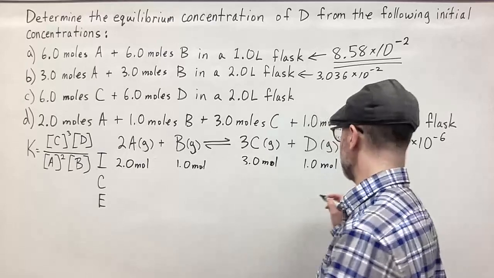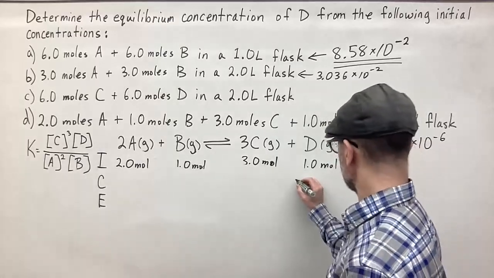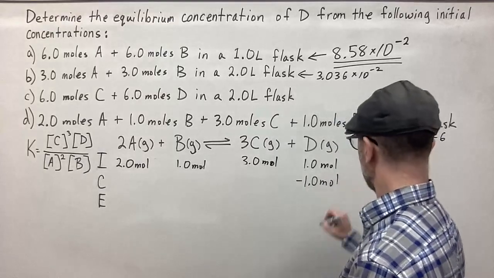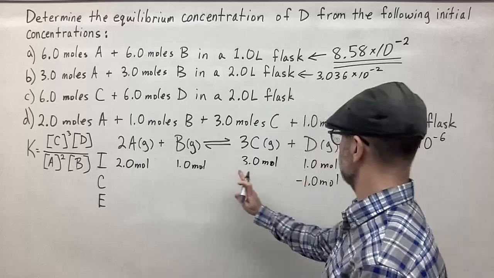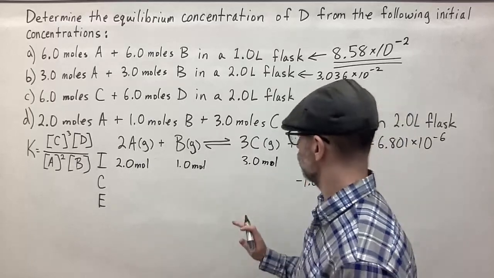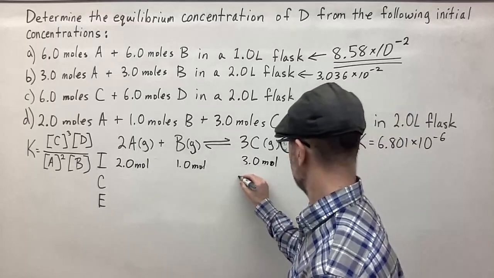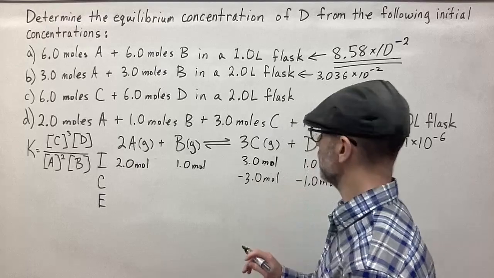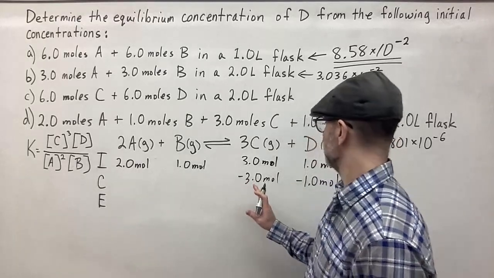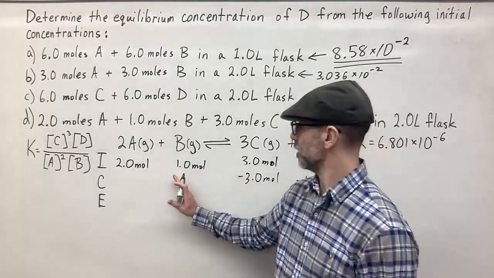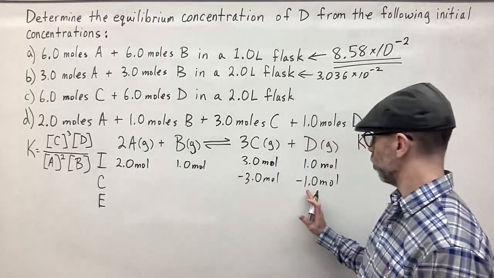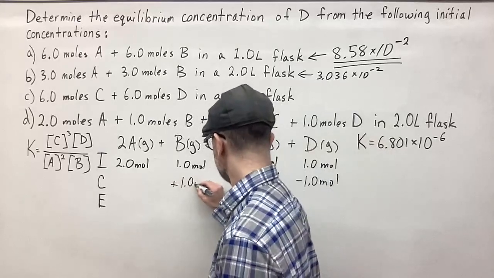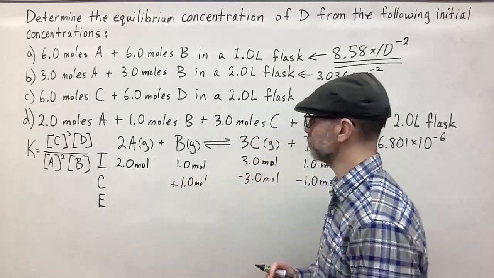Here we're going to lose 1.0 moles of D, and since it's a 1:3 ratio, that means we're going to lose 3 moles of C. And since this is again a 1:1 here, if we lose a mole here, we're going to gain a mole there.